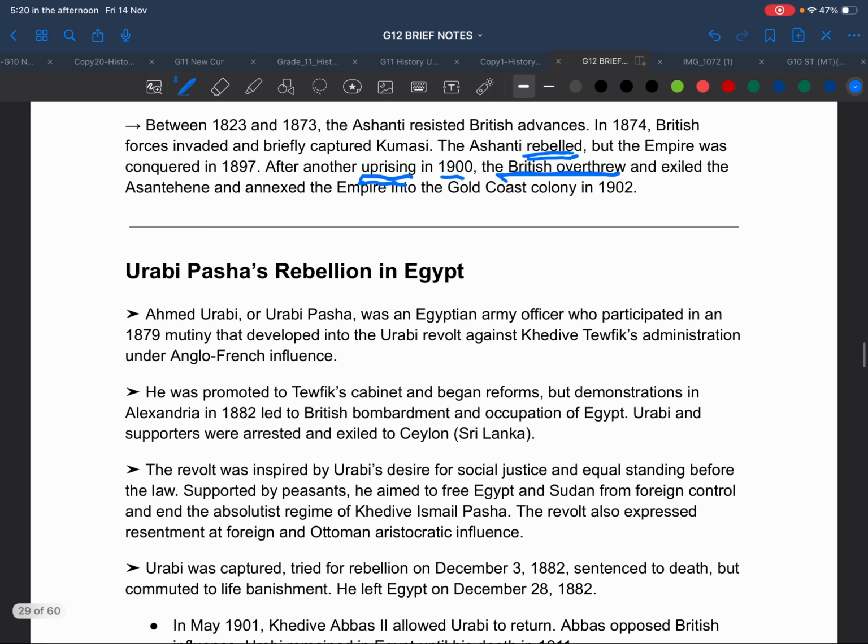And within a short time, the British as well penetrated into the mainland of what's called today Ghana, and the whole of Ghana became a colony of Britain.